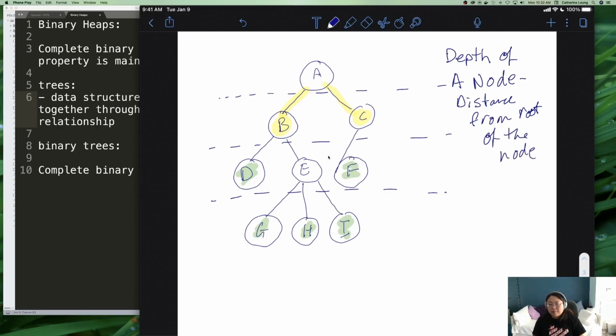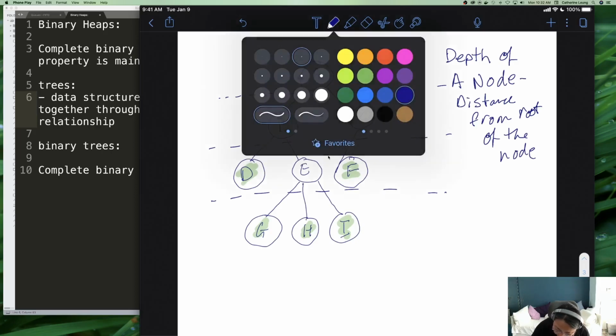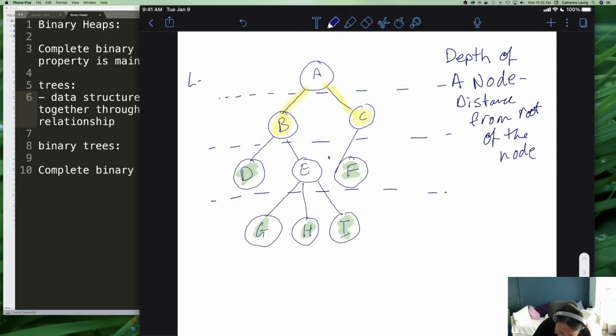So what do I mean by this? If we take a look at this drawing, I've marked some dotted lines across this tree. This is level 0. This is level 1. This is level 2. This is level 3. If we think about this as how many nodes away from the root a node is, if you are the root, you're on level 0.